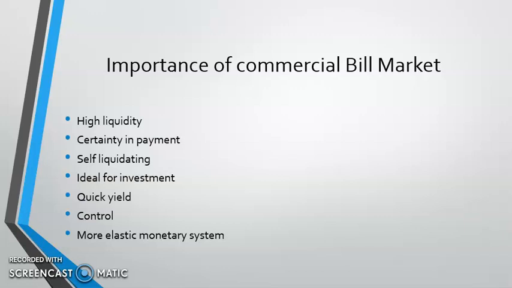These are very short-term instruments, so even if you invest in them, you will easily get back the amount. Next, control. The central bank can control the money market by manipulating the bank rate and discount rates. This is one of the important methods for monetary policy.